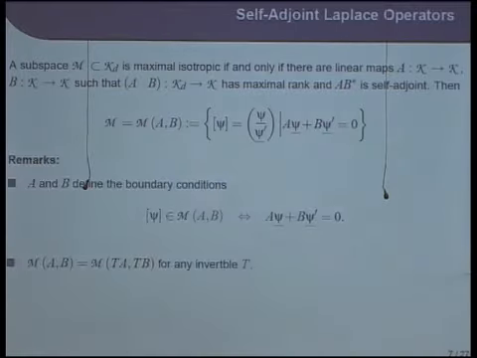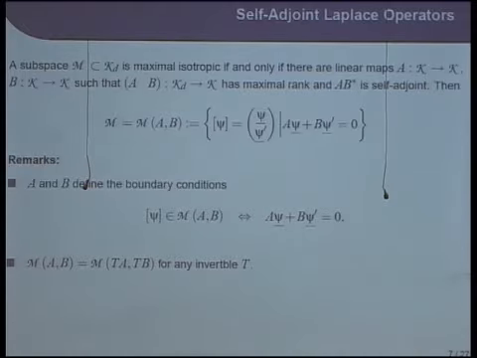What is the convenience of this parameterization? Simply the following: with the help of the pair A and B, we directly describe the boundary conditions which we pose at vertices of our graph.